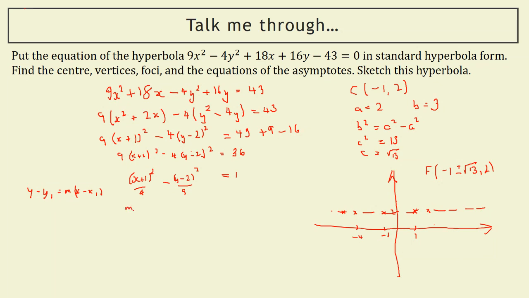Yeah, so our gradients, we end up with 2 possible ones, don't we? Plus or minus b over a are going to work out for us here. So this time it's 3/2, isn't it? And then all you've got to do is stick the point in. The danger is that you try and give these both by just using the 3/2. You've really got to work through this twice, because rather than them being centered about the origin, which they were before we offset to move to this position, they're now going to be doing other things, yeah?